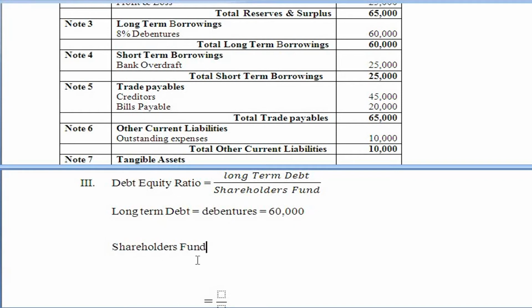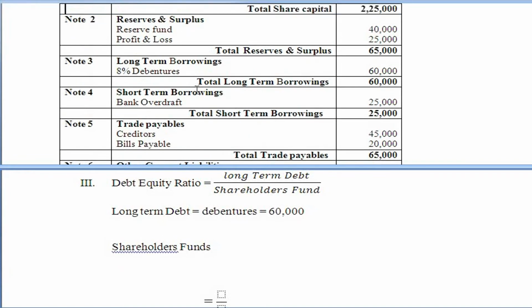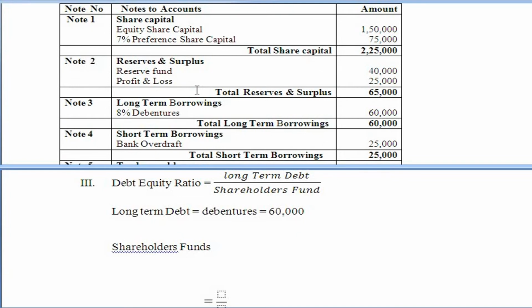Now shareholders fund is equal to equity share capital, here you can check in note 1, plus preference share capital plus reserves and surplus. So all this will come in the shareholders fund. So we'll draw one table over here by which it becomes easy for calculation.